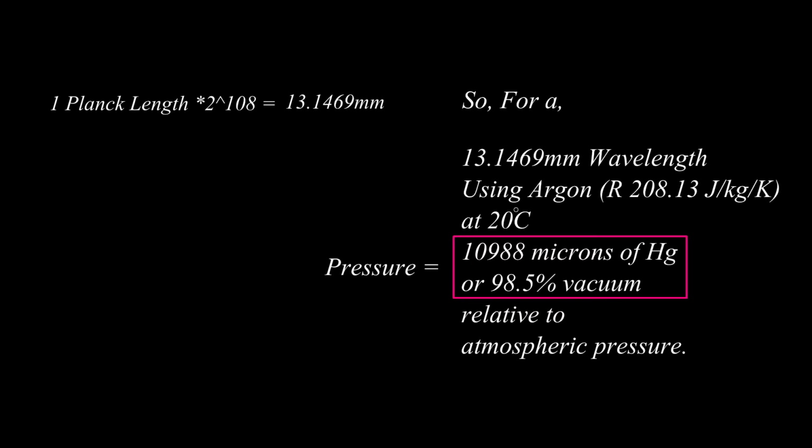So for a 13.1469 millimeter wavelength, using argon, which has an R specific or a gas constant of 208.13 joules per kilogram Kelvin, at a temperature of 20 degrees Celsius equals a pressure of 10,988 microns of mercury, or approximately 98.5% vacuum relative to atmospheric pressure.